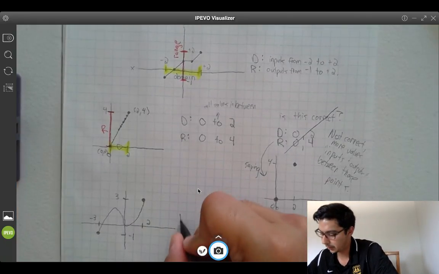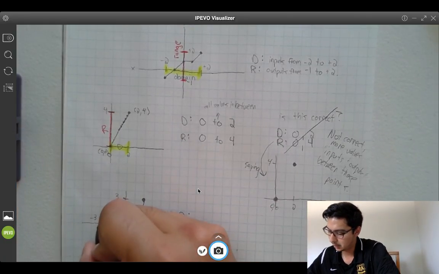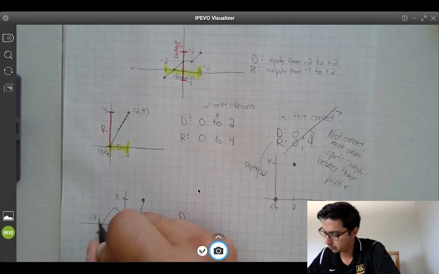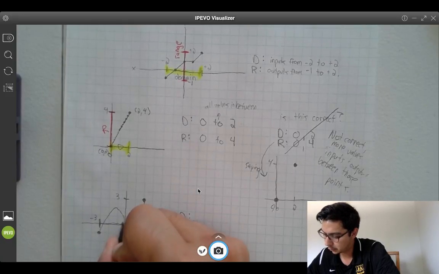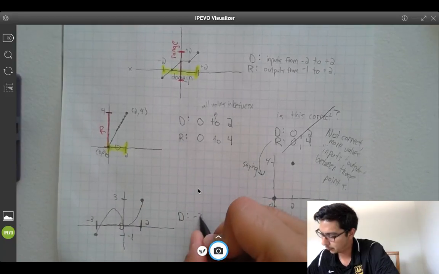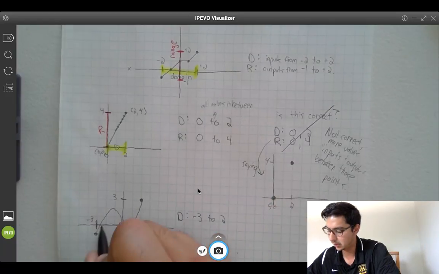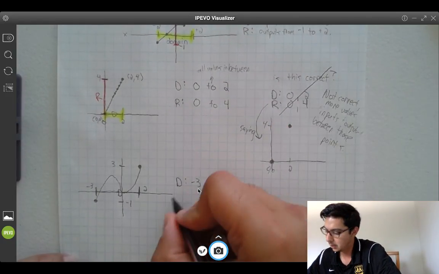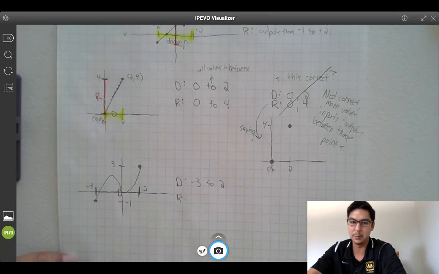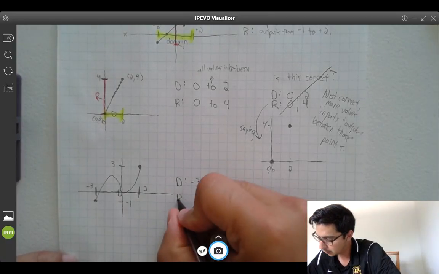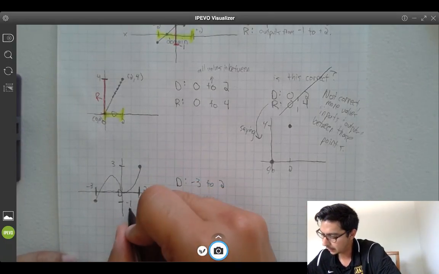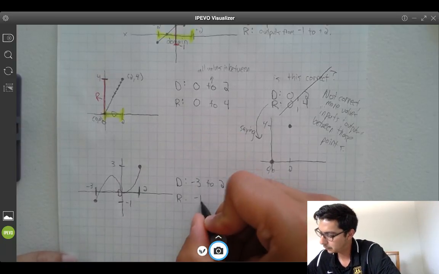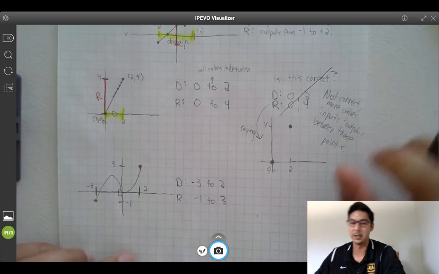What's your domain and range? So your domain is left to right. That's your domain. So it's going from -3 to 2. That's where the graph lives. Think about like a fence, maybe. That might help you too. And your range, in case that's in your view, is the lowest point, -1 up to 3. There's your domain and range.